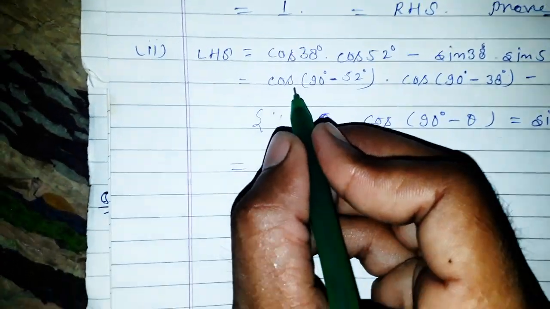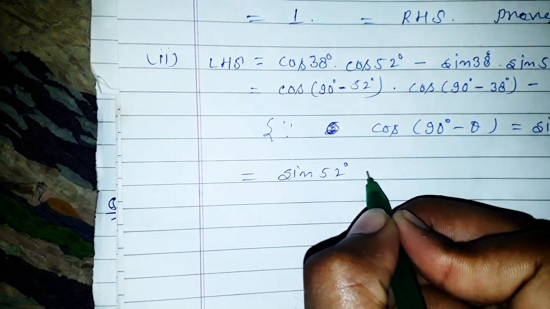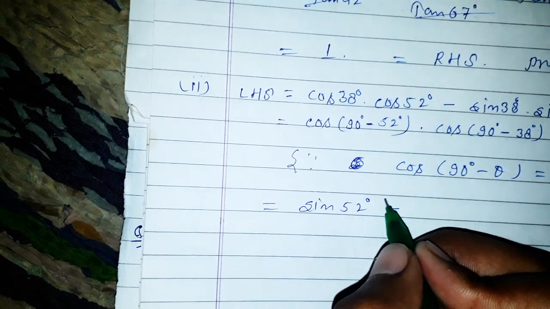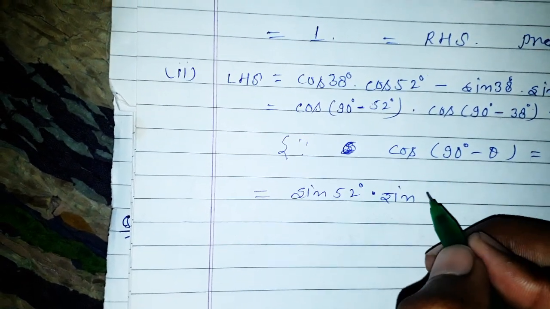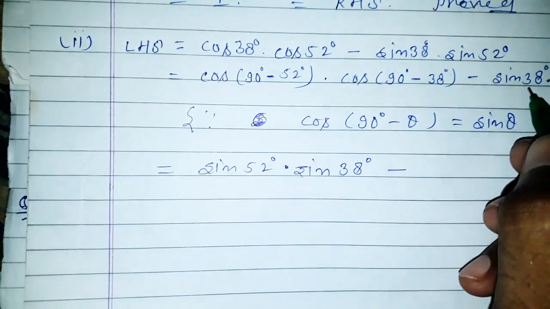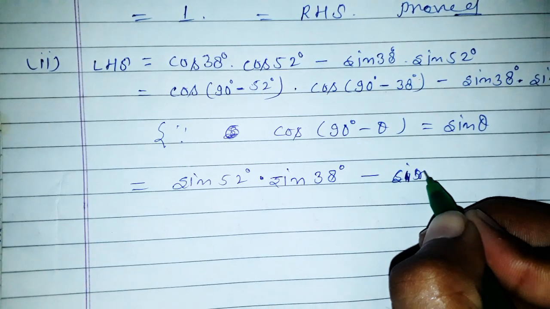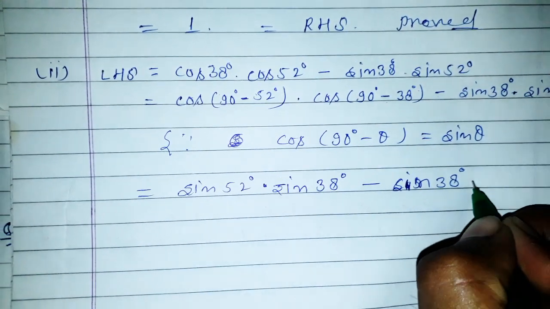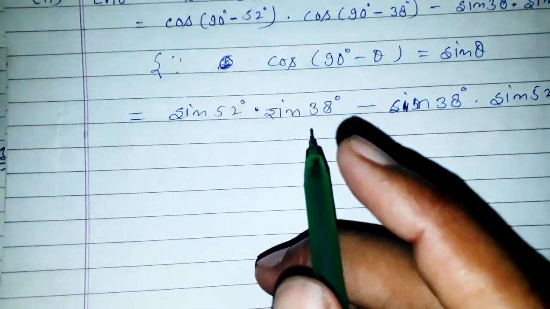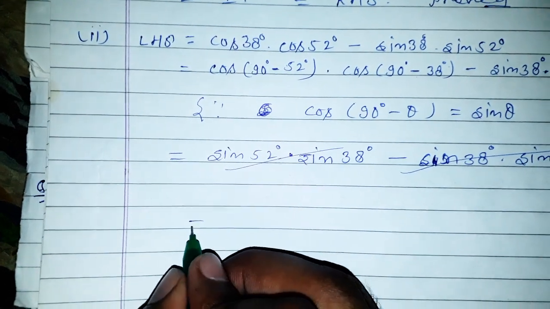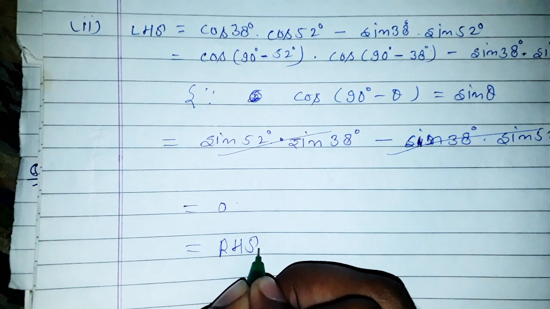So here this is sin 52 degree minus sin 38 degree into sin 52 degree. These values are the same, so they cancel out. So this is 0 and this is RHS. So proved.